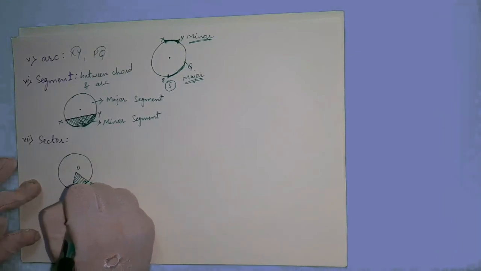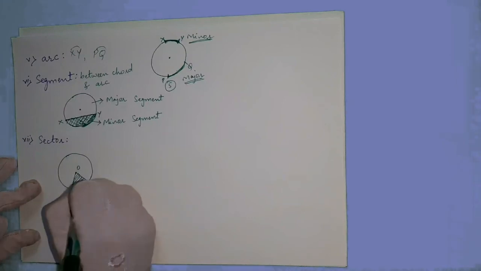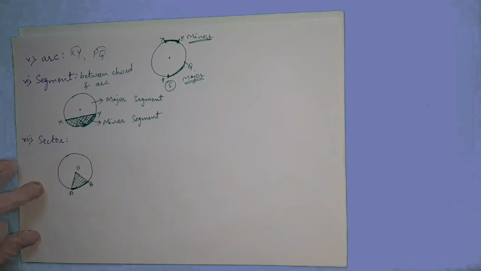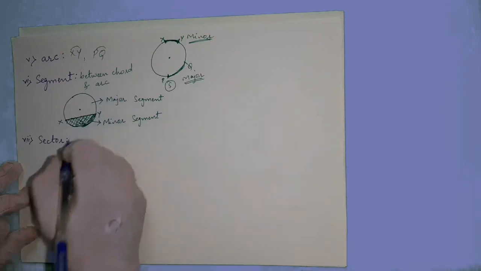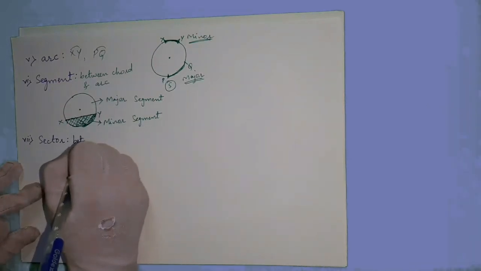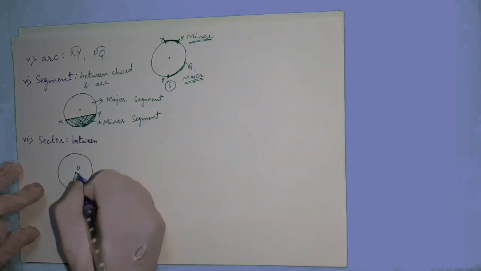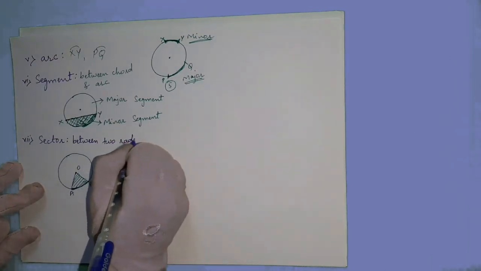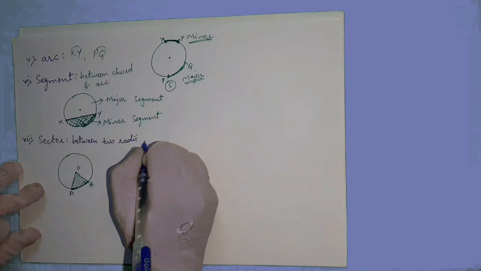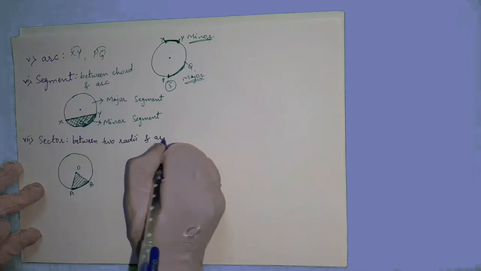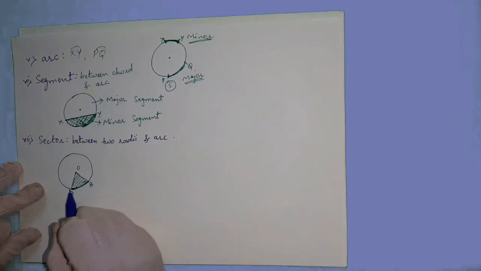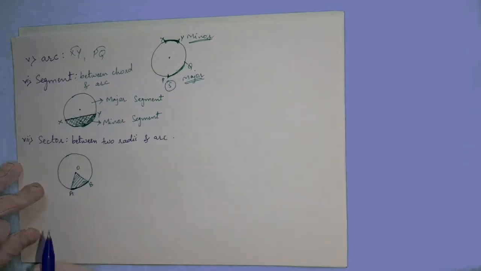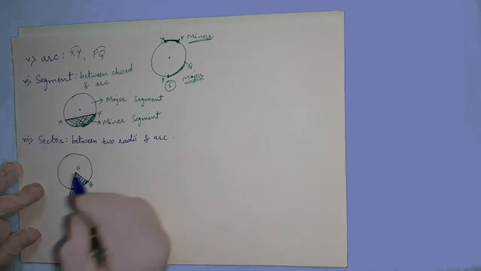This is your part of the circle, this part is the arc and these are two radii, so that region is called a sector. It's nothing but the region between these two radii, radii being the plural of radius, and arc. The area of two radii and arc is called a sector.